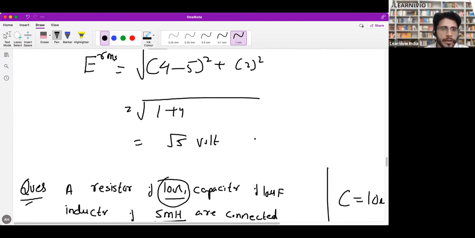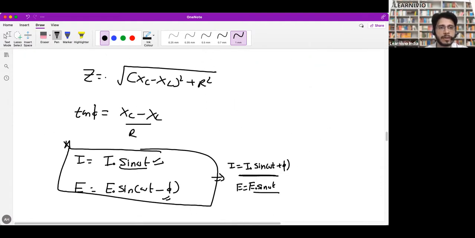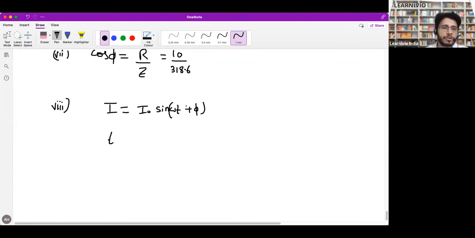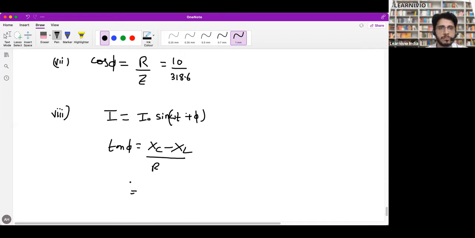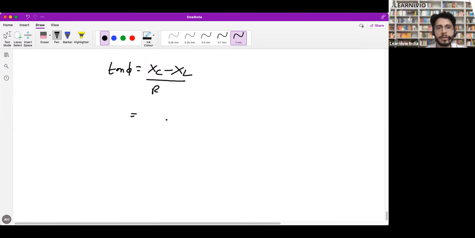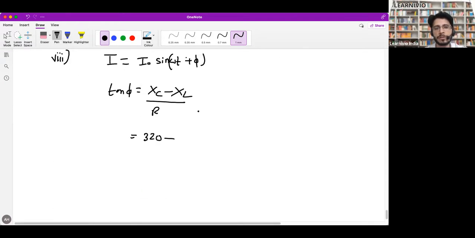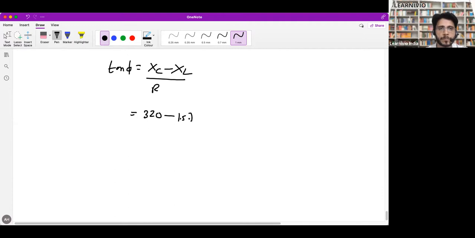For phi, you can use this expression, tan phi equals XC minus XL divided by R. This is the expression for calculating phi. How much is XC? XC is 320. How much is XL? XL is 1.57, divided by R, which is 10.